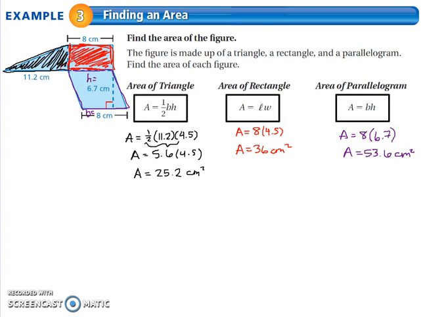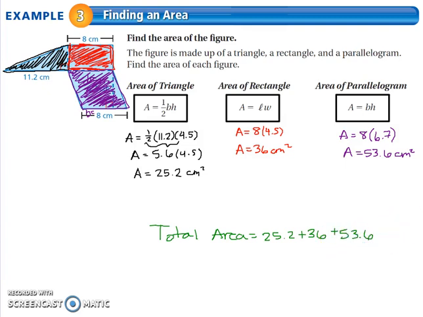Now all I need to do from here is add these three up to find the area of the entire shape as a whole. I have found the triangle, the rectangle, and the parallelogram. So to now have the entire area, I just add them. So my total area is equal to 25.2 for my triangle, plus 36 for my rectangle, plus 53.6 for my parallelogram.